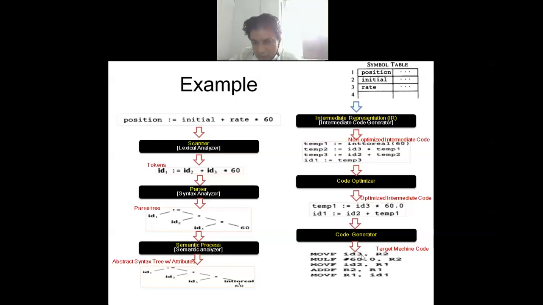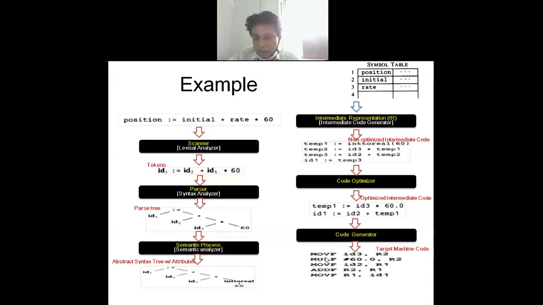So id3 into 60 is stored in register 2. Now move the value of id2 into register 1. Now add the values of register 2 and register 1 and store this addition value into register 1, and finally move the register 1 value into id1.